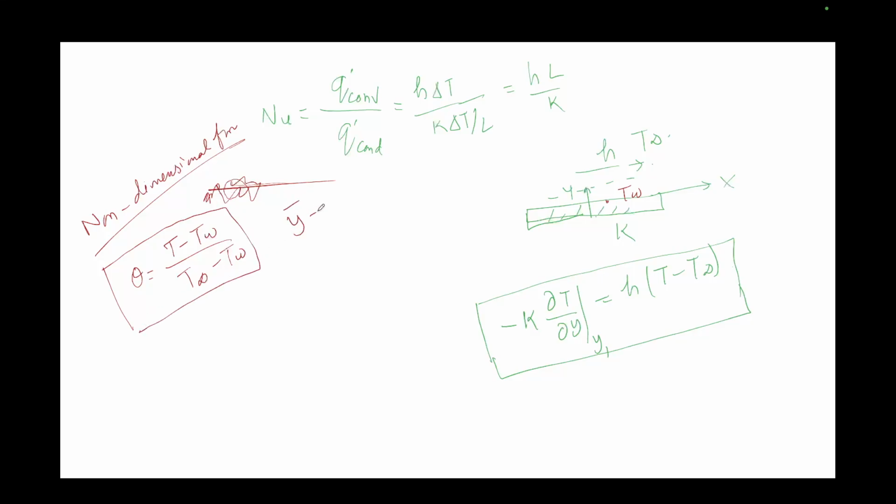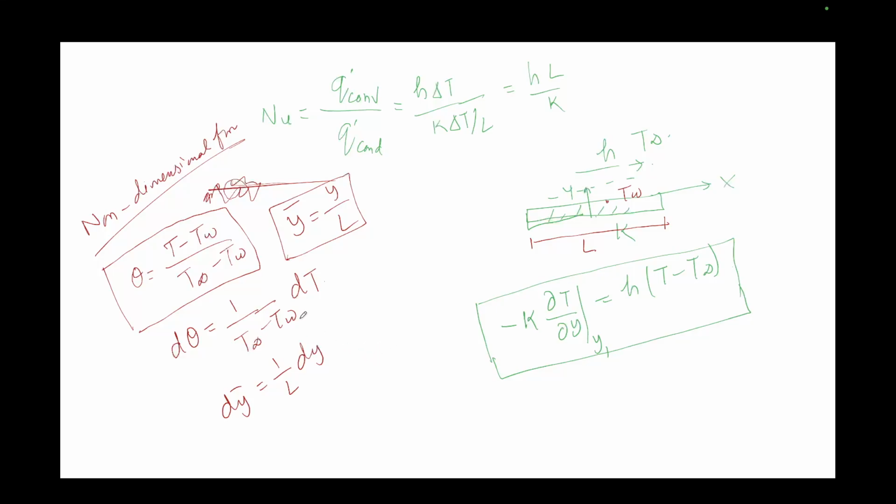Similarly, I have non-dimensionalized the y direction, which is y by L, where this is your L. So if I differentiate the temperature with respect to y, d theta equals dT divided by T infinity minus T wall, and dy dash equals 1 by L into dy.